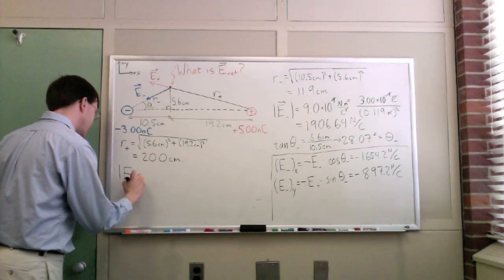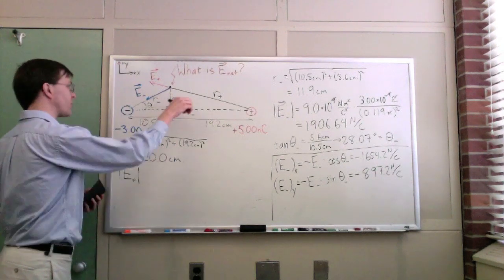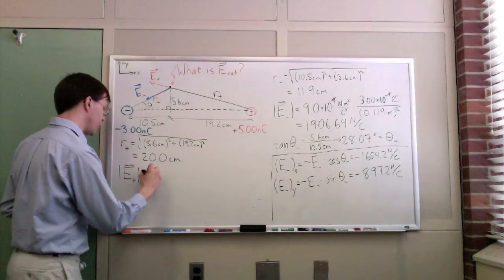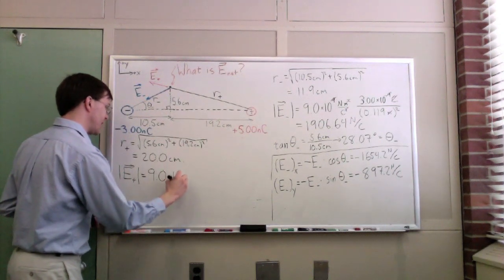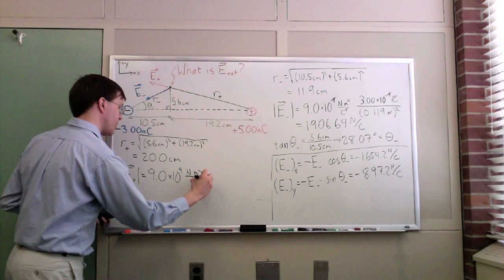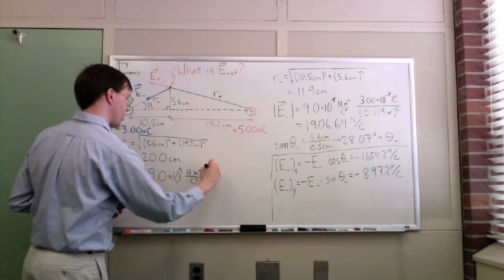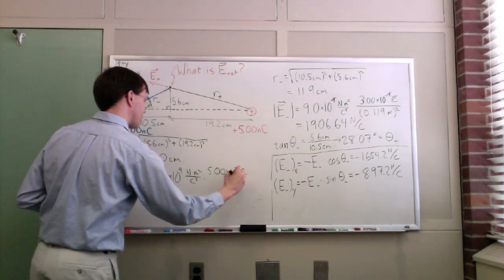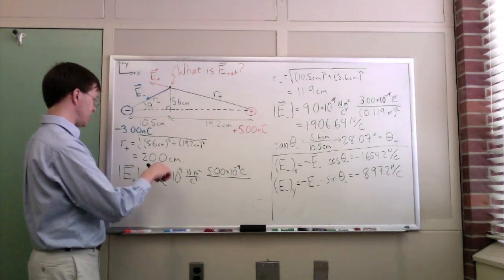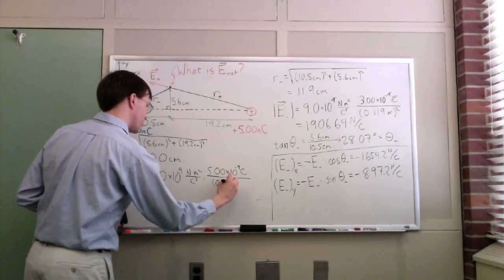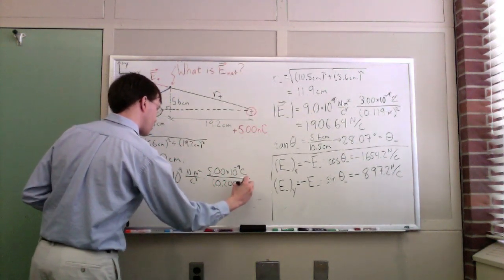The magnitude of this electric field due to the positive charge, same thing, Coulomb's law. We do 9.0 times 10 to the 9th newton meter squared per coulomb squared times the absolute value of the charge, 5.00 times 10 to the minus 9th coulombs, divided by my distance, exactly 0.200 meters squared.